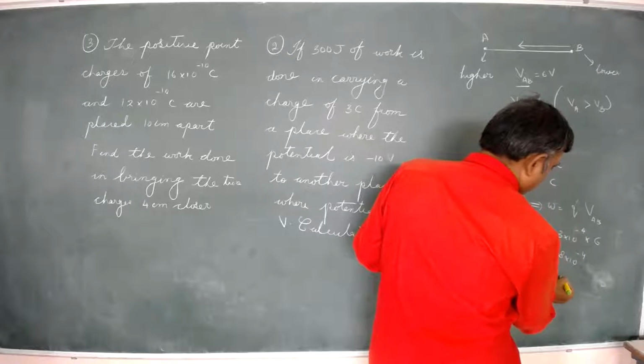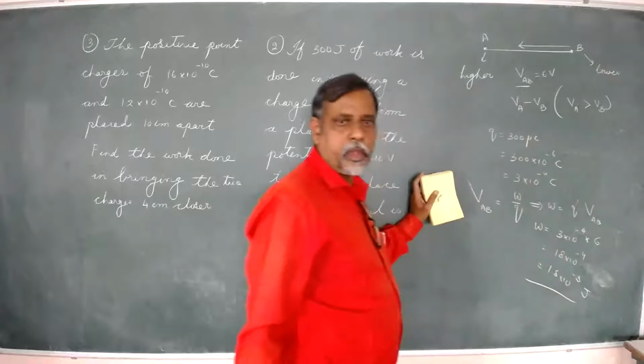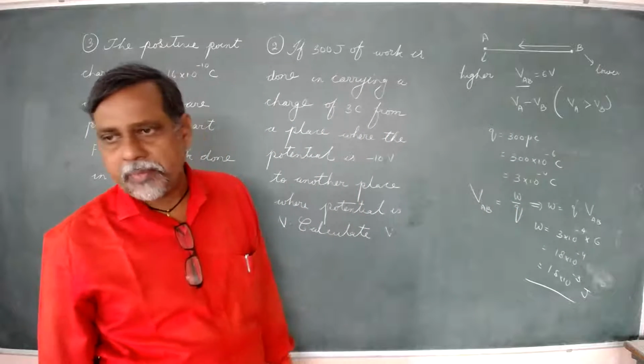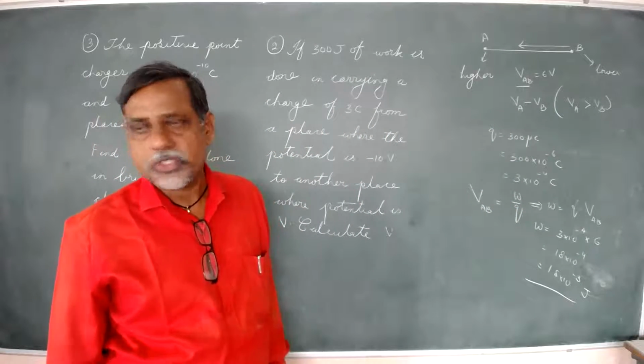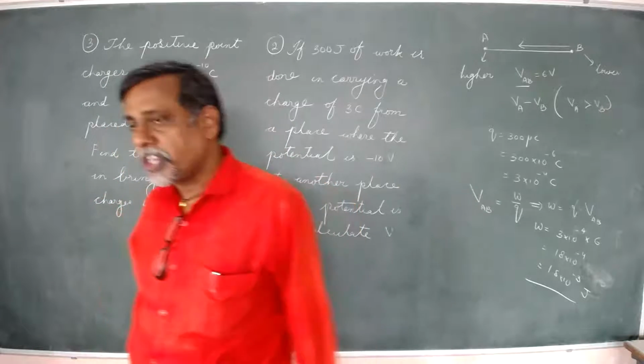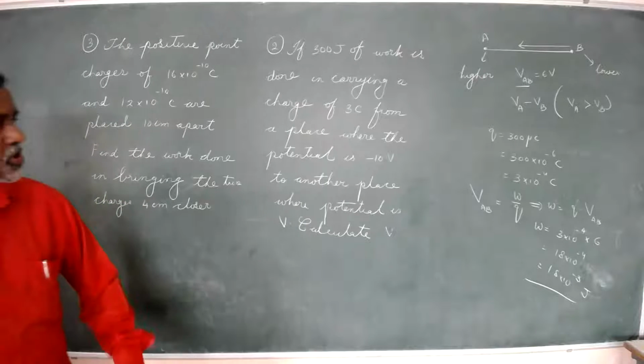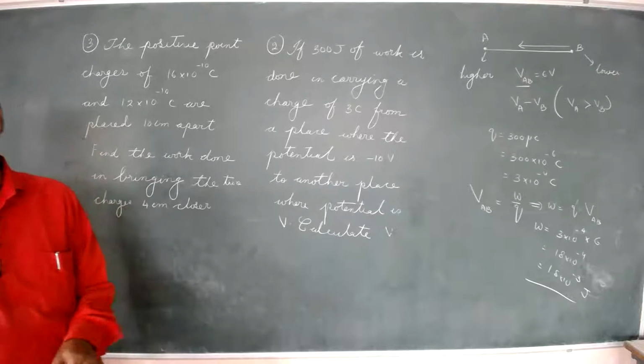So this is 1.8 into 10 power minus 3 joule. That is the work done in moving the charge across the potential difference of 6 volt.